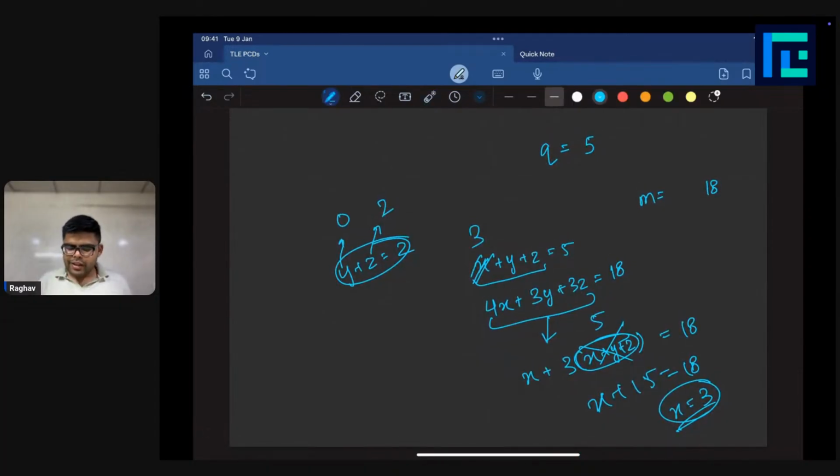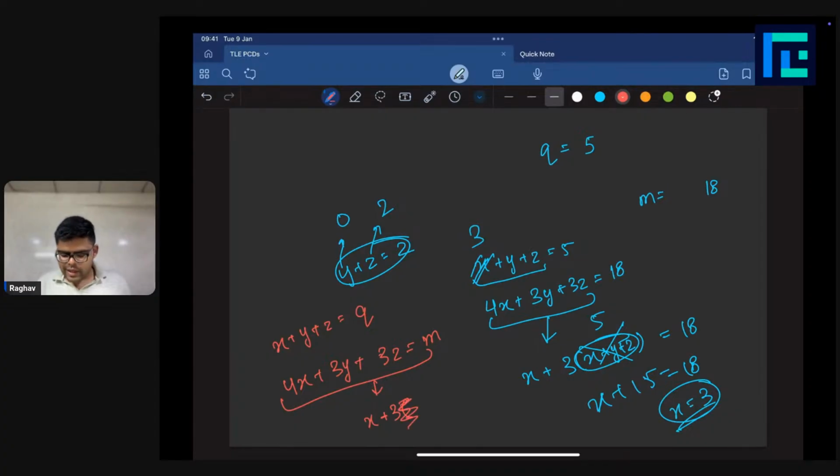Now, if you take this thing with the variables as we had taken earlier, x plus y plus z must be equal to q, and you will have 4x plus 3y plus 3z equal to m here. So you can always rewrite this thing as x plus 3 into x plus y plus z, that will come out to be q, which should be equal to m.